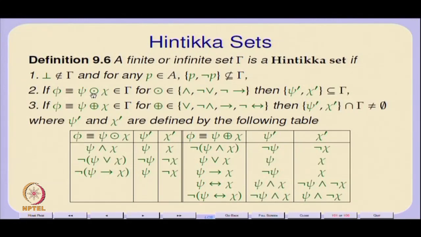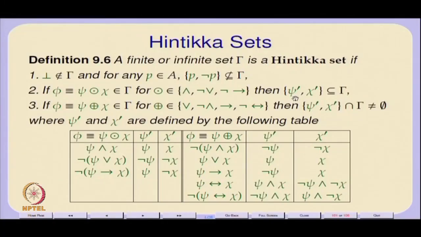If you look at phi as an abstract syntax tree and its root operator is multiplicative, that means it is one of these. Which means that you have to go one step down through negation also in order to determine whether it is multiplicative or additive. Then there is a psi prime and chi prime which also belong to gamma.